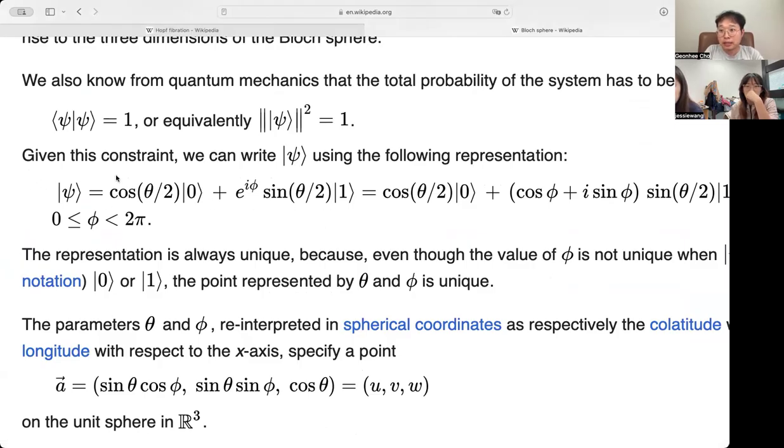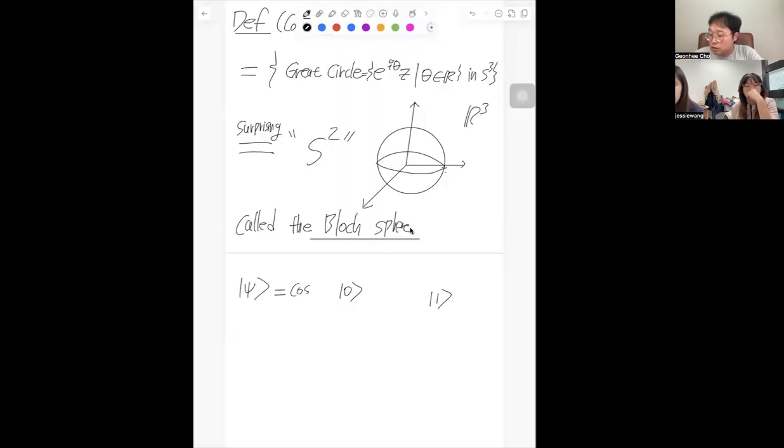Let me copy this expression on the iPad note and explain how to think of it. You can see it is written as cosine of theta over 2 and sine of theta over 2. I usually do not try to memorize this expression; it is not necessary. You just need to search and look at it. This is the expression of each one qubit.